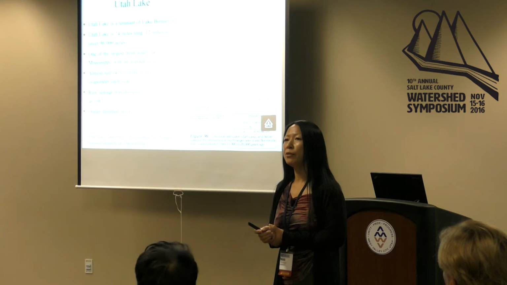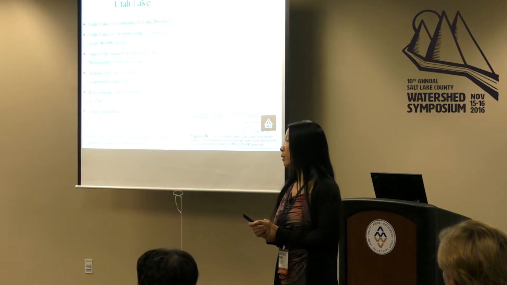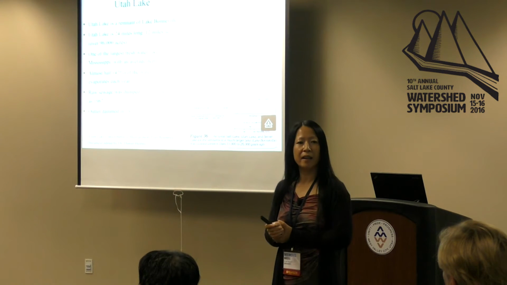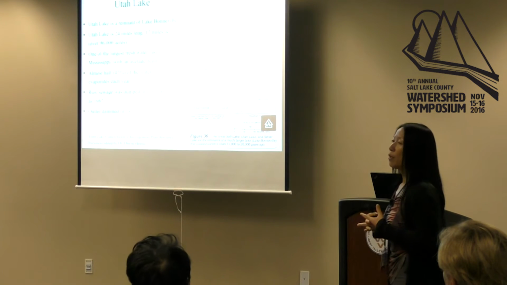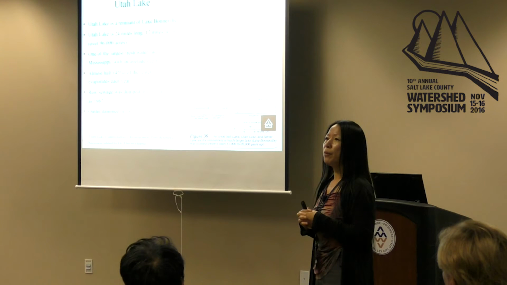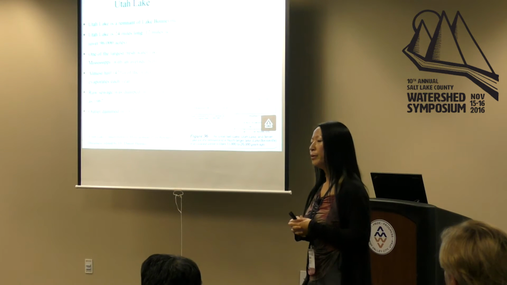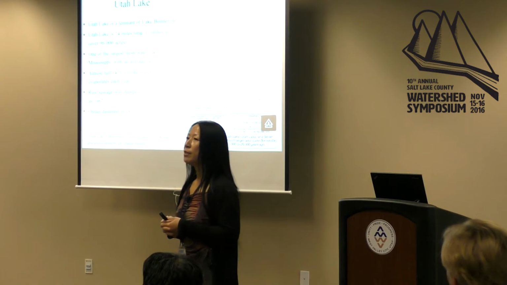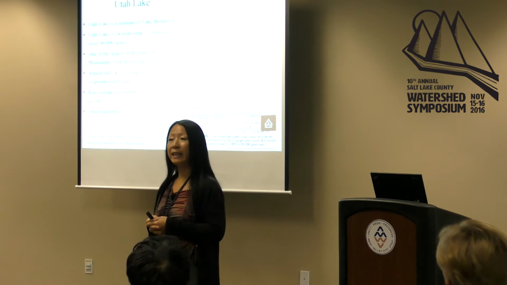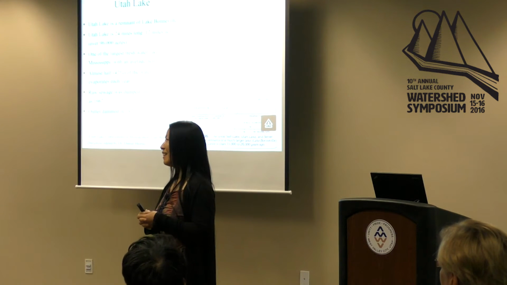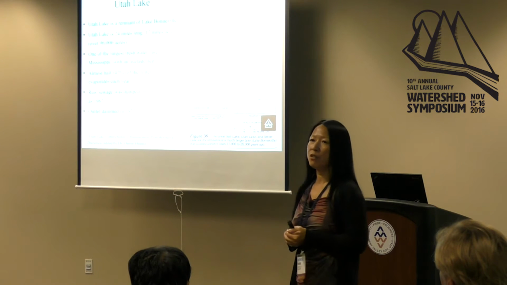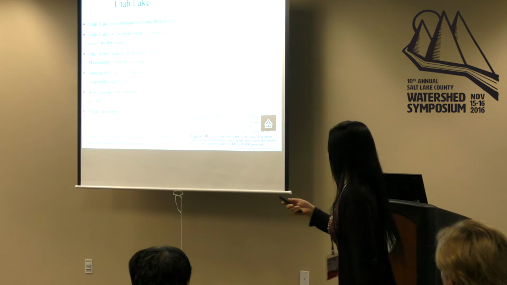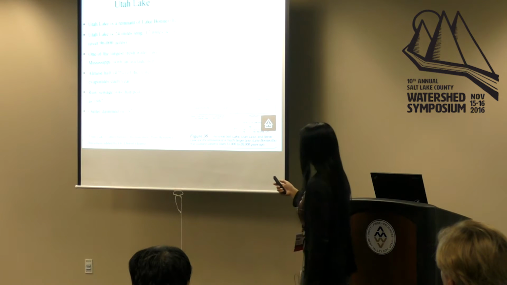I always tell my students, I cannot imagine if we didn't have the lake in the valley. It's going to make a very big difference. And it's a very important resource, even though a lot of people dislike it right now due to the pollution problems. But we are the ones who did the act, so we have to be responsible to try to find different ways to clean up Utah Lake.